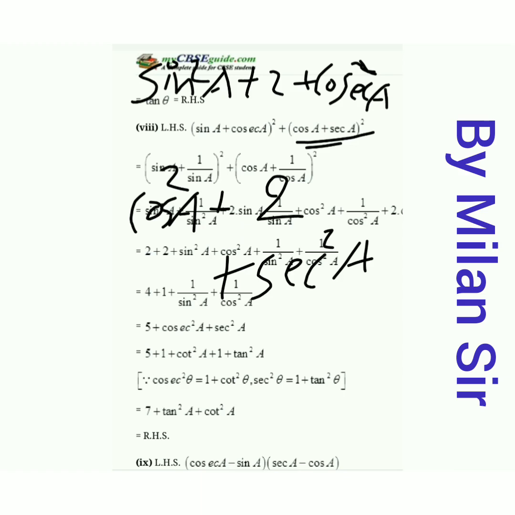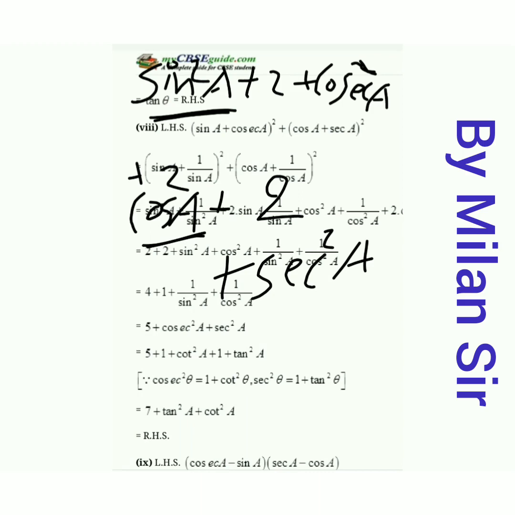So what is our third line? It is sin square A plus 2 plus cosec square A plus cos square A plus 2 plus sec square A. Now sin square A plus cos square A is equal to 1, because we know the identity sin square theta plus cos square theta equals 1.